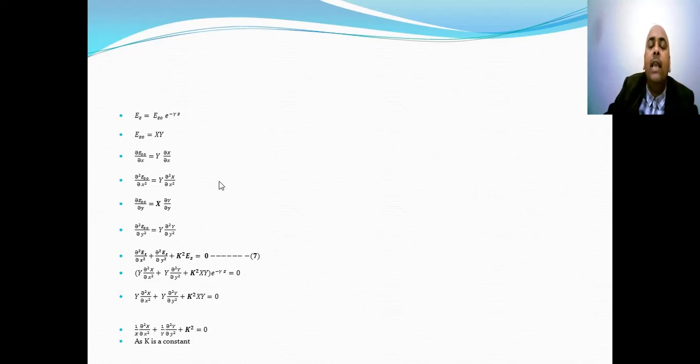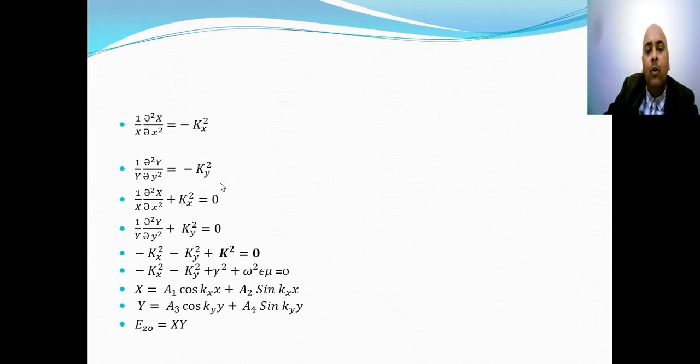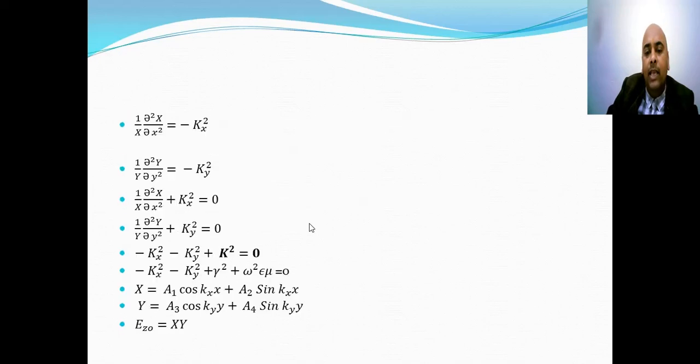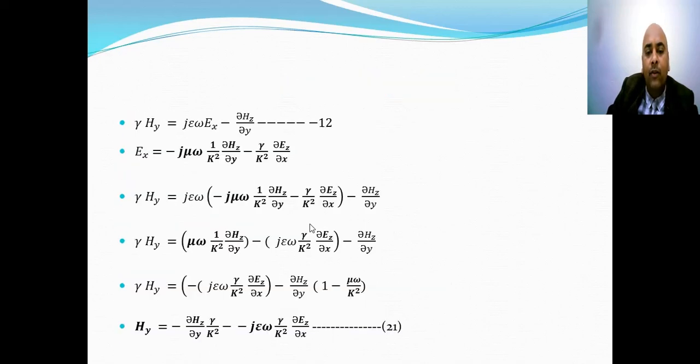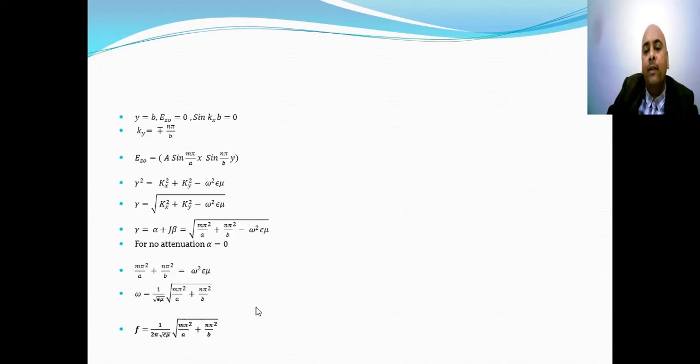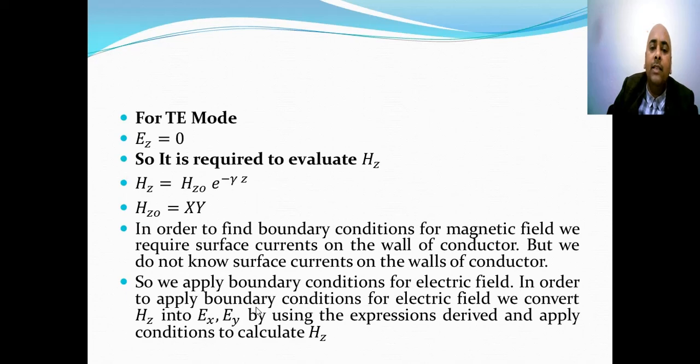So for this TM mode, we have already found that Hz is 0 and Ez we have already derived. Now after we derived Ez, we can find Ex, Ey, Hx, Hy from the relations that we have already found in terms of Ez and Hz components. This is how we have to find the various Ex, Ey, Hx, Hy, Ez, Hz components for the TM mode in case of waveguide.